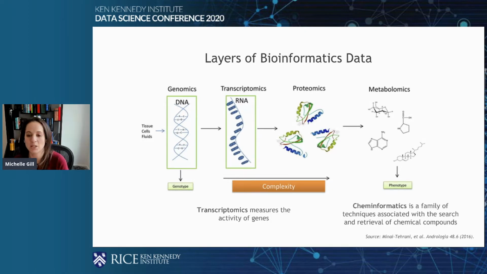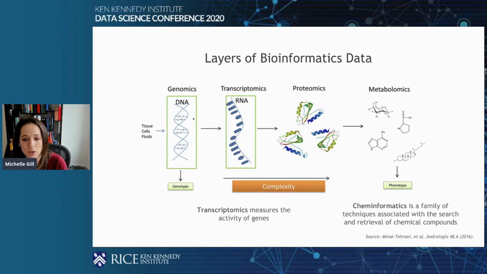So cells contain genetic material known as DNA. And an organism's total DNA is known as its genome. And the study of the genome is known as genomics, as you can see at the top. The contents of an organism's genome control many of the traits. In the case of humans, they control many of the traits that make us human, that make us unique from each other.